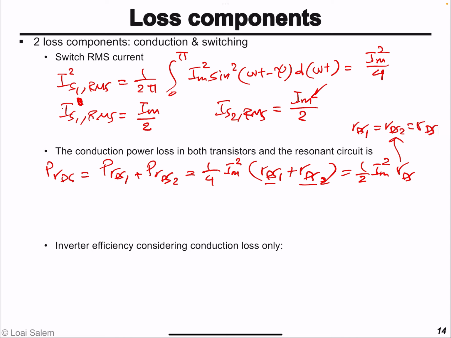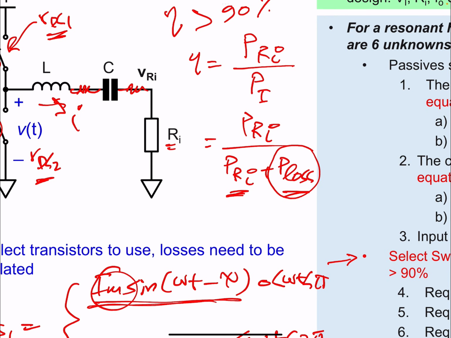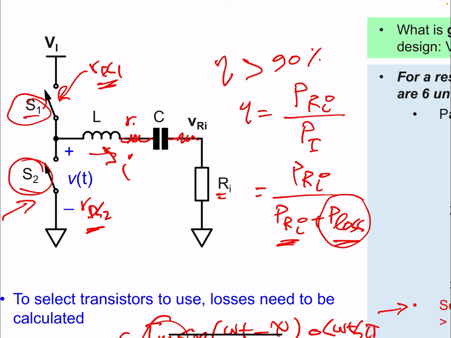Now, we need to also calculate the losses that happen in the equivalent series resistance of the inductor, as well as the equivalent series resistance of the capacitor. And that's very simple because we already know the resonant current as Im sine omega t minus psi.